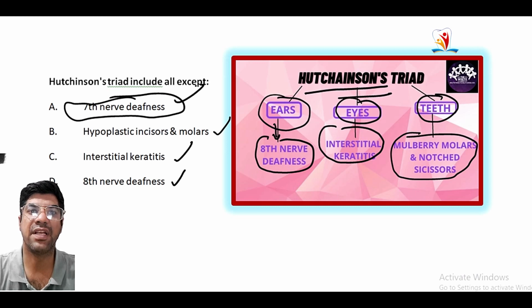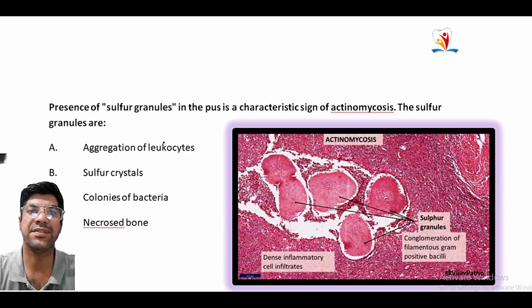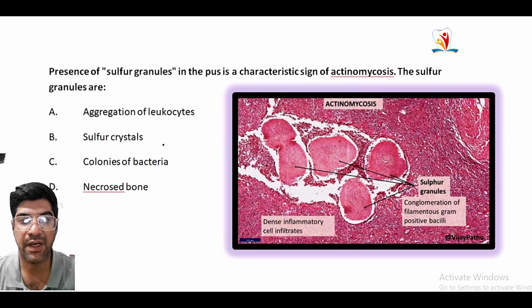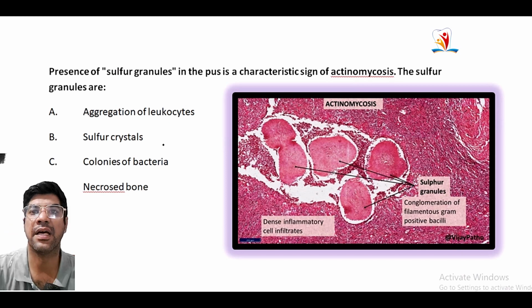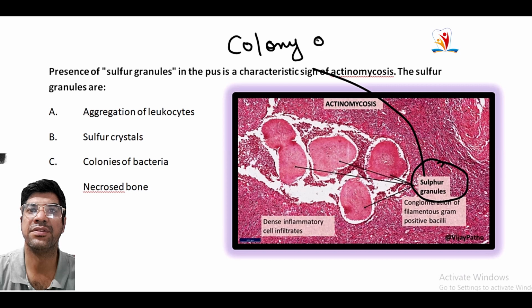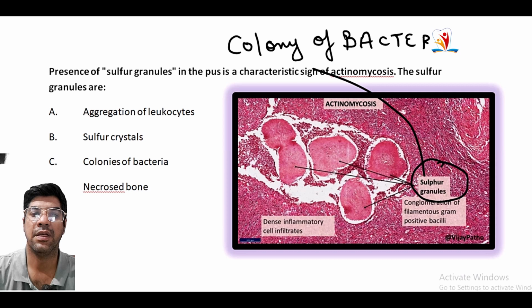The presence of sulfur granules in the pus is a characteristic sign of actinomyces. They represent the colony of bacteria.